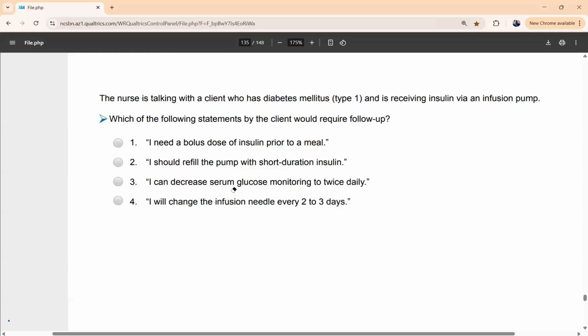Four, I will change the infusion needle every 2 to 3 days. So I believe if we keep changing, we can cause infection, right? That's my point. So I'm still stuck with 2.